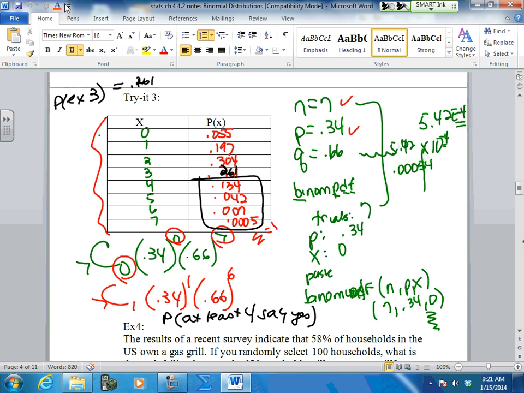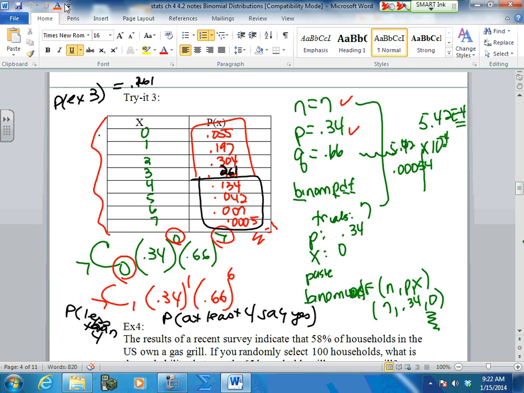Now if I say what is the probability that less than 4 say yes, that's these guys. I could even do my complement case. If I added this up, I could do 1 minus that because it's my complement case. See it?